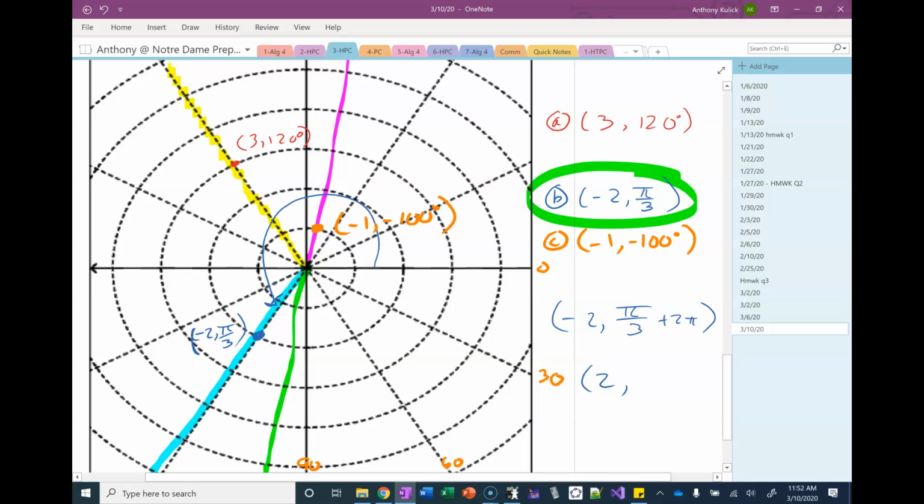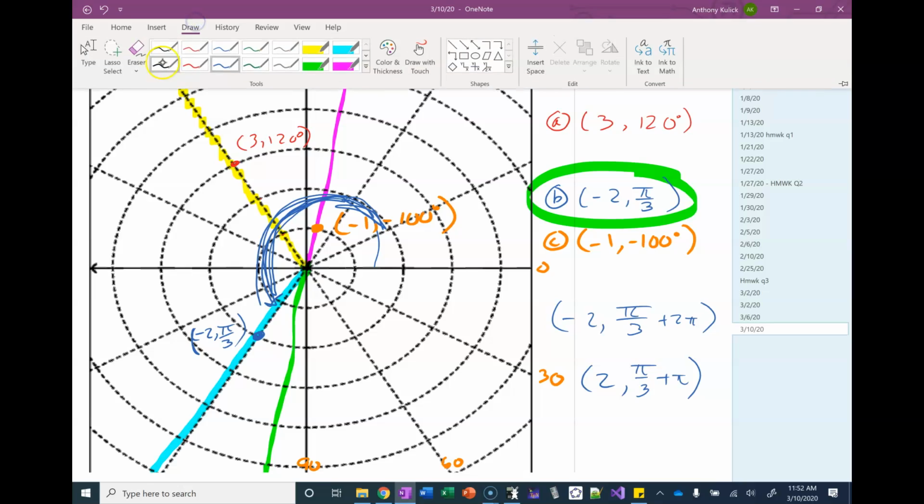So how would I get that? Yeah, so I'm just really talking about adding this much. Yes. So it'd be like 240. Yep, exactly right. Is everybody okay there?